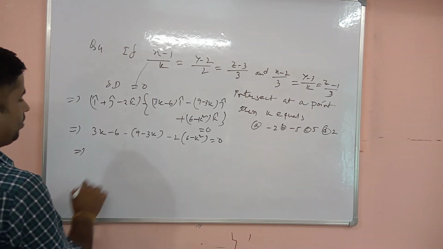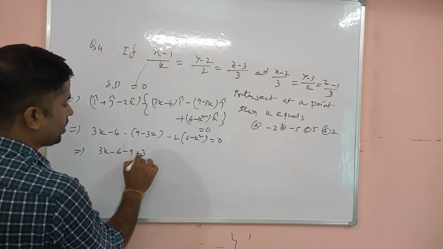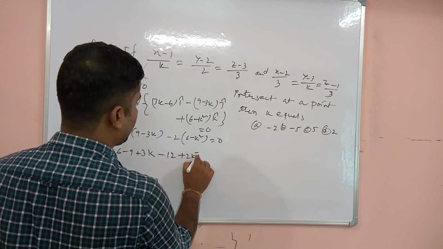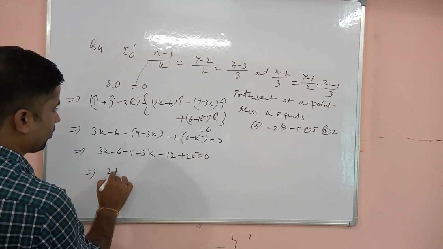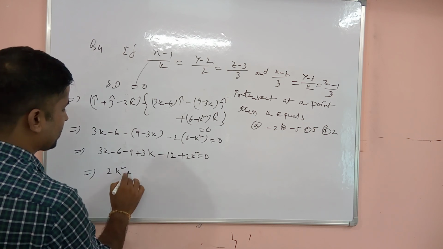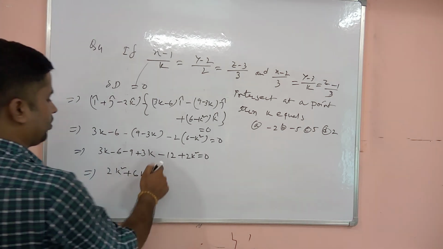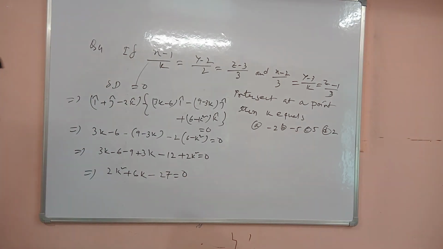So it implies 3k minus 6 minus 9 plus 3k minus 12 plus 2k square is equal to 0. So finally 2k square plus 6k minus 27 is equal to 0.